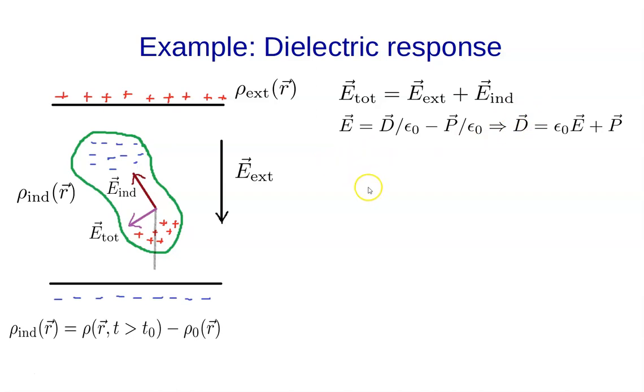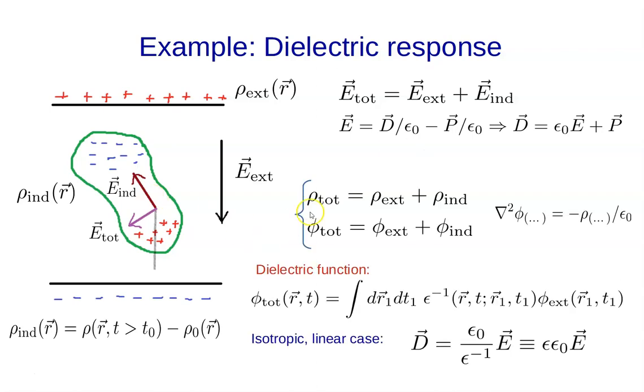Why? Because you have to add the external charge density with the induced charge density to get a total charge density, and so your total potential will also be the sum of these two.